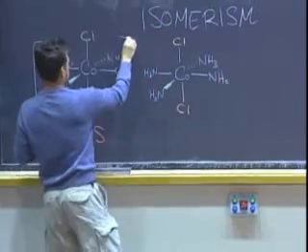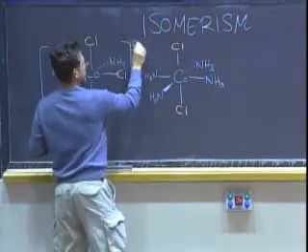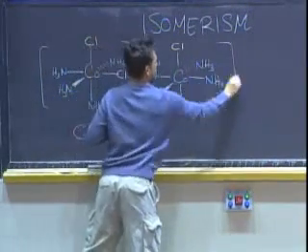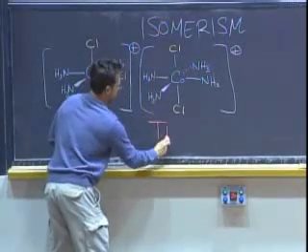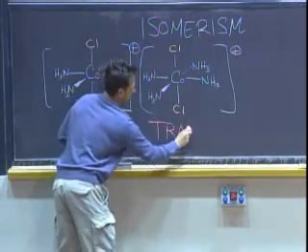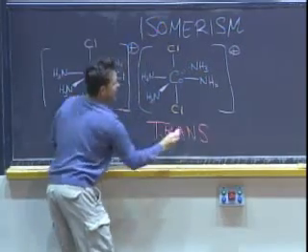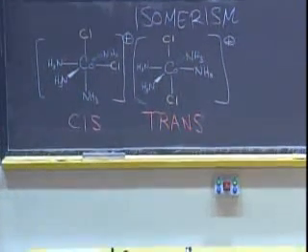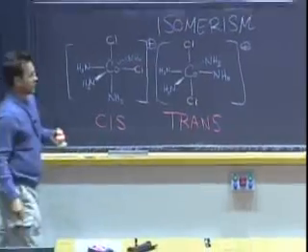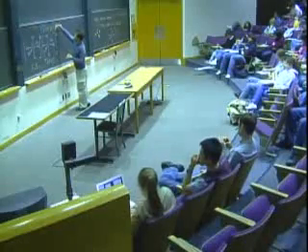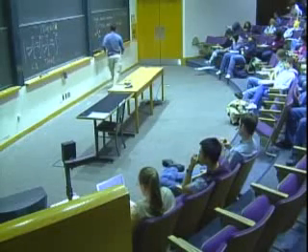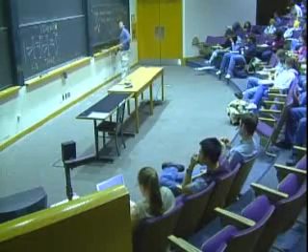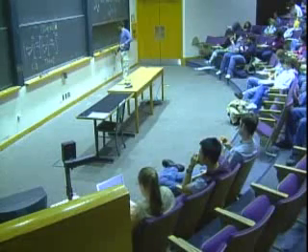And note that both of these would have a single plus charge. Trans means across. So the two chloride ligands are located in a mutually trans disposition here. Okay. Isomerism is very important. I'll discuss a couple other types of isomerism that you can get and that Werner contributed to our understanding of very greatly.